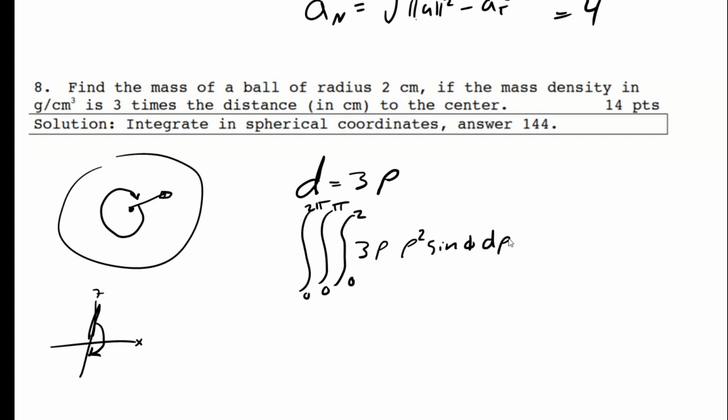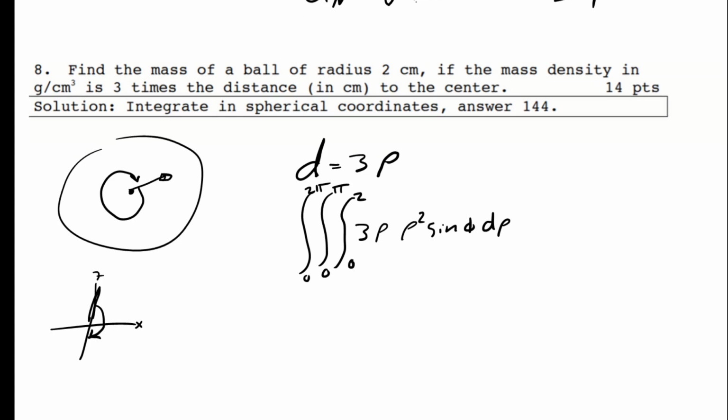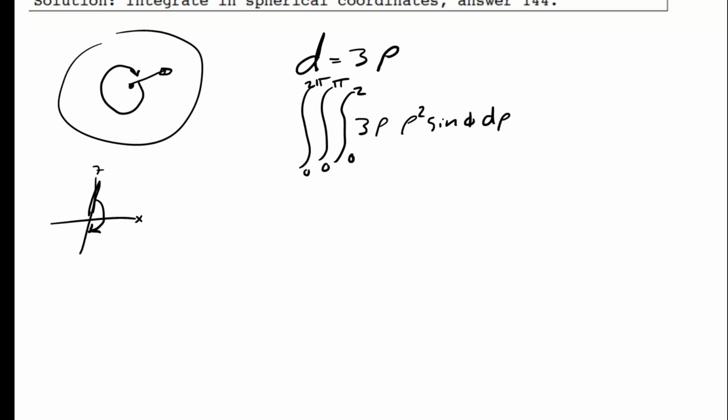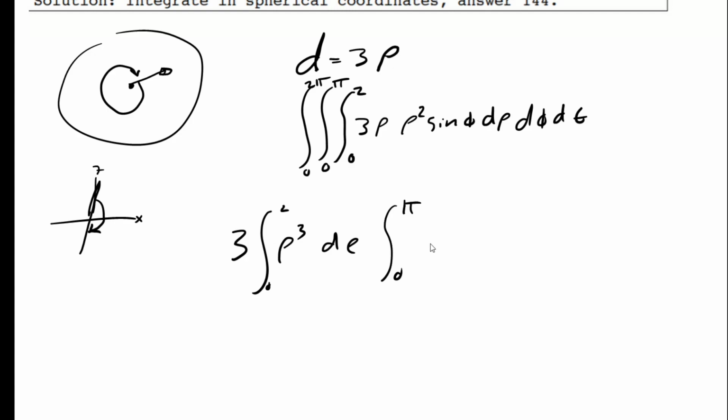I know you said you just need to set it, but I'm going to go ahead and solve it. Let's integrate it and see what we get. It's separable, so I get 3 times the integral of rho cubed from 0 to 2 d rho, and then the integral from 0 to pi of sine phi d phi, and the integral from 0 to 2 pi d theta.